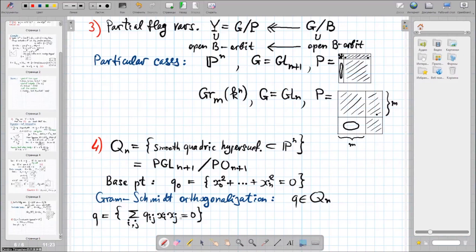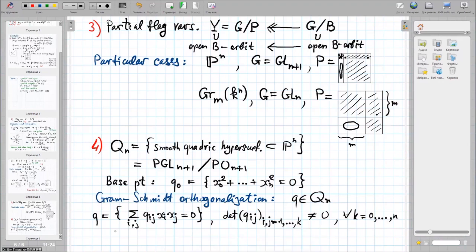If you are given such a smooth quadric defined by this non-degenerate quadratic form, and if all upper left corner minors of the matrix of this quadratic form are non-zero, so if all these determinants of the matrices of Qij, where i and j run over the range from 1 to k, if all these determinants are non-zero for any k, then there exists a triangular linear substitution of variables.